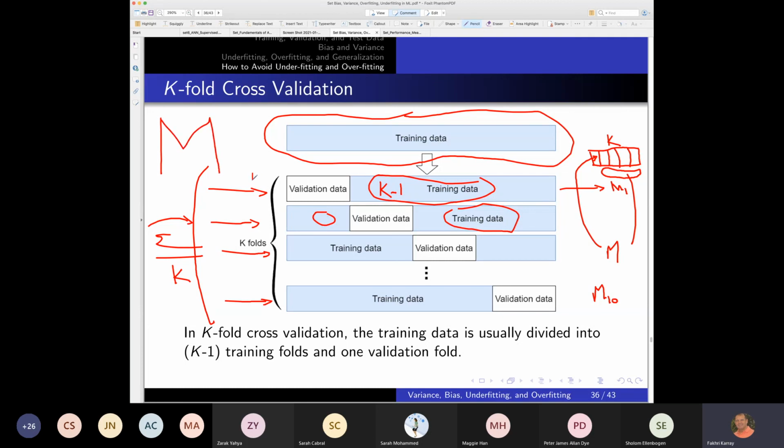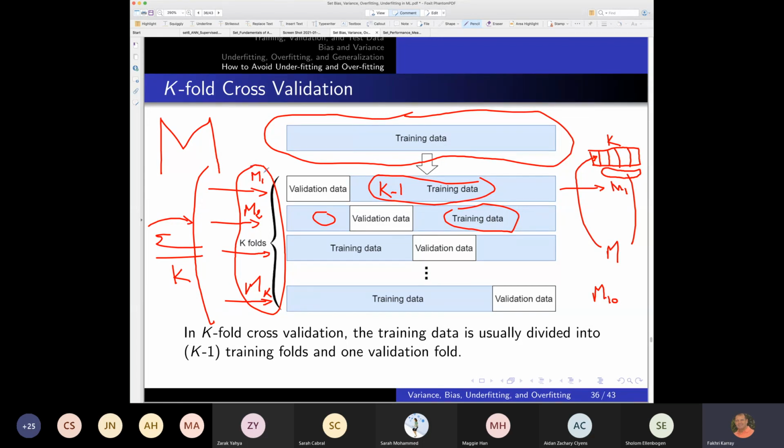And each one of them here is M1, M2, up to MK, submodels, for which you take the average to say that for this model with a certain number of nodes, we have this average error for that particular system. Okay, so this is how you create this particular model.